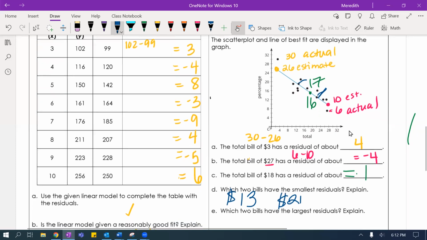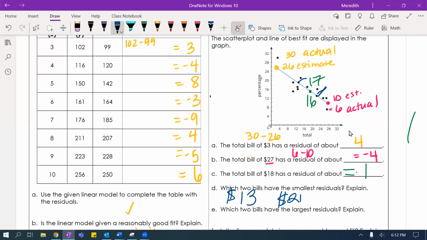Now it says which two bills have the largest residuals. So these are the ones that are the farthest away from your line of best fit. So right here at 3, that's actually a pretty big gap that we used on our first one. I'm going to circle it in purple. You'll see that that's pretty spaced out. 4 spaces is pretty far for at least this graph.